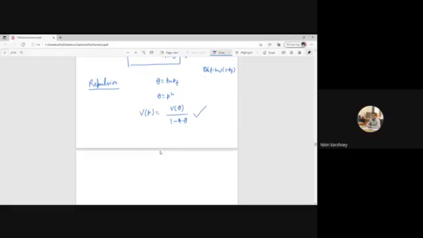So if one parent is in coupling phase and one is in repulsion, then what will theta be in that case? That will be PM into 1 minus PF. This will be the theta, or we can say PF into 1 minus PM in this situation.